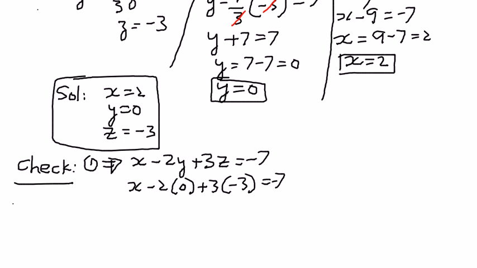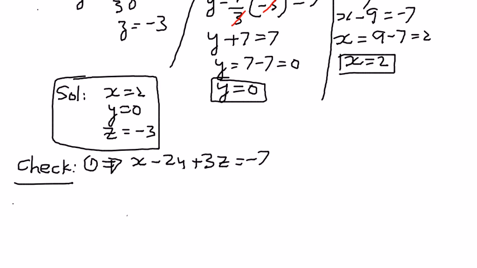So 2 times 0, this value goes to 0. So we have x minus 9 is equal to -7. So therefore the value of x equals to, we needed to substitute the values of x as well. So let me go back here and redo this a little bit.